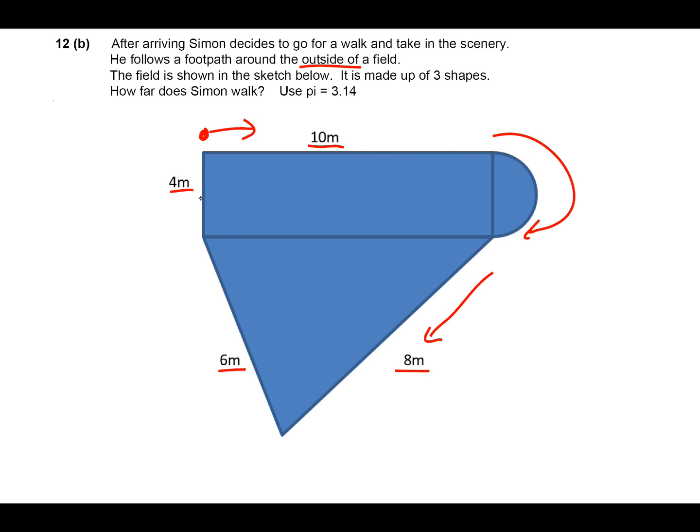So really, all we need to do in this question is work out the distance of this half of a circle. So the circumference of a circle, you need to remember, is pi d, where pi, we've been given the number 3.14.